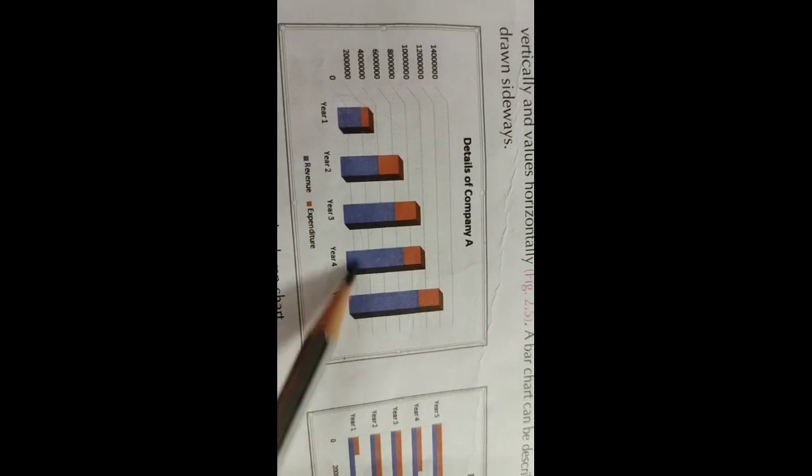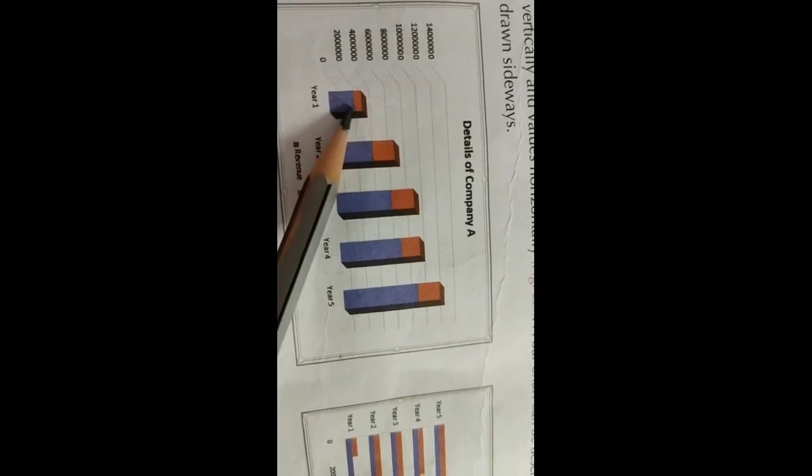In this diagram, this is the column bar, and you might see in each column there are some shadow effects. This is the first part, this is the top part, and this is the side part. This type of bar we call a 3D column chart.